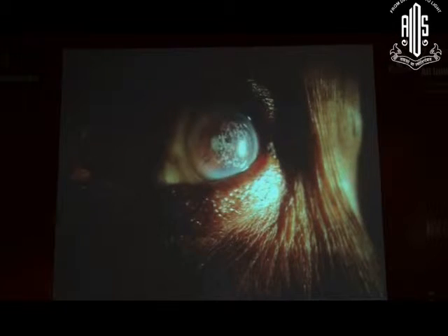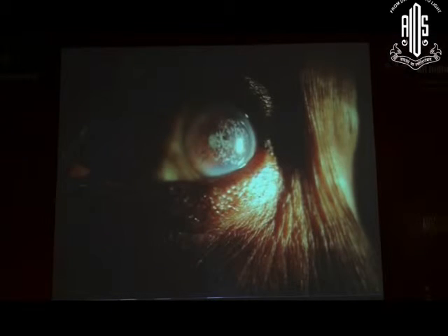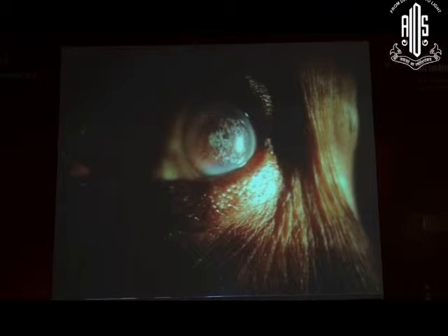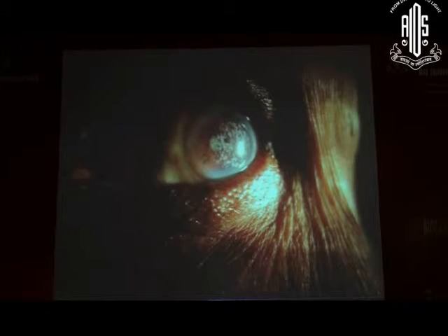Now if you see this case, you will easily say that this is a granular dystrophy because it's very typical. Individual small spots are there and spaces in between are clear. But this patient has got cataract. Now, the examiner will want to know whether you will do only cataract surgery or deal with the dystrophy also.